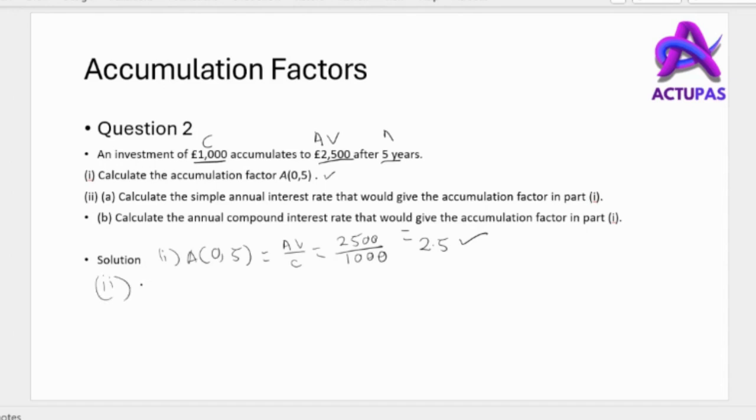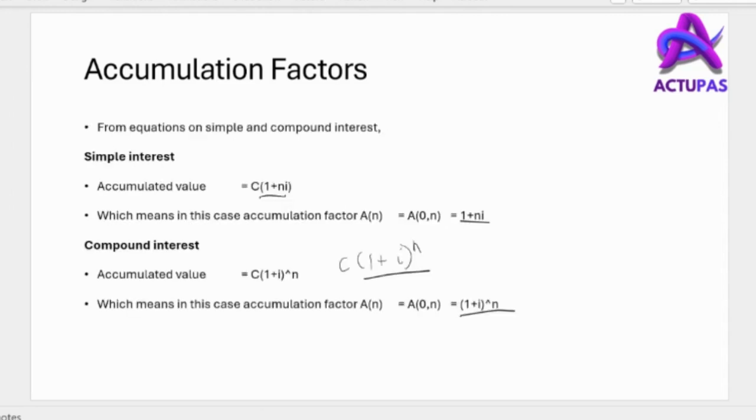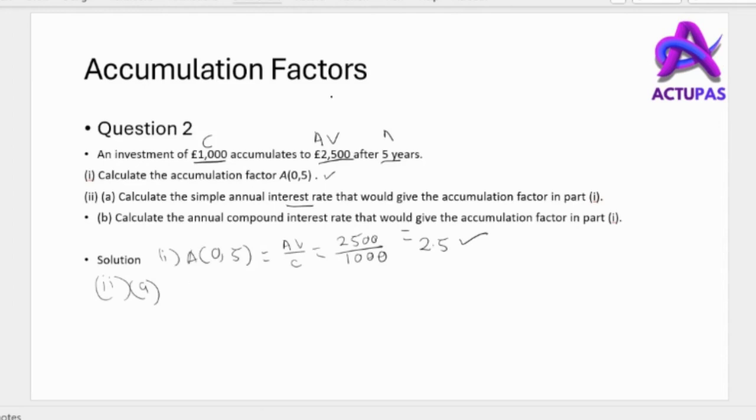Then 2A, calculate the simple annual interest rate that would give the accumulation factor in 1. And we've already said from above that A(0 to 5) is 1 plus NI. A(0 to 5) is 2.5 from here, which is equal to 1 plus N, which is 5 years, 5I.